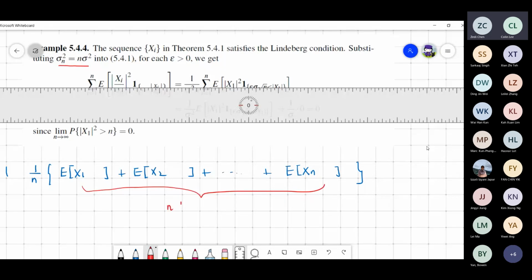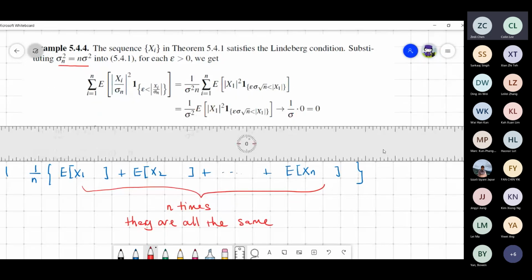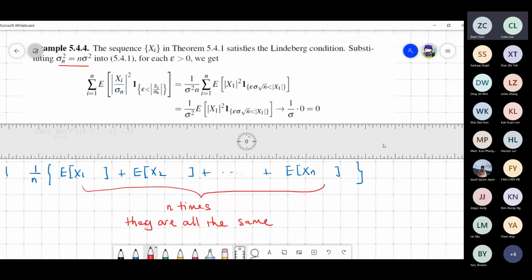These are all together n terms, and they are all the same, equal to each other. That means you cancel off n times, so you can cancel with this n. So the remaining will be the first one. This is how we can get it.